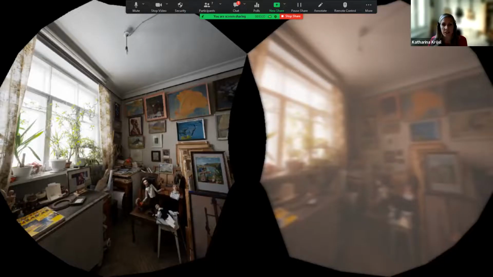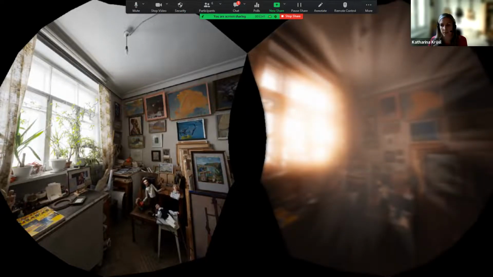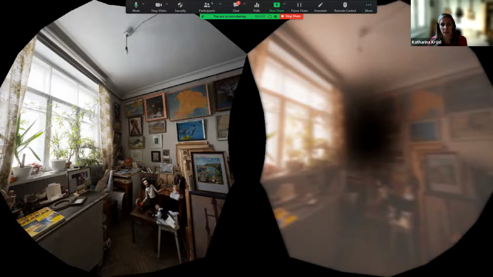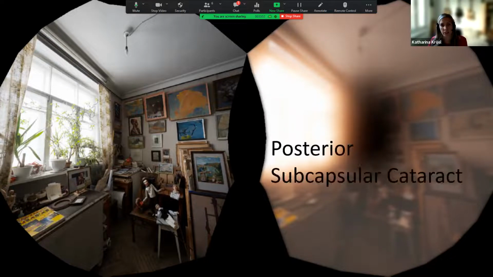And this gives us a simulation of cortical cataracts. We can also invert our shadow texture to create shadows in the center of the field of view, which is actually a common symptom of posterior subcapsular cataracts.